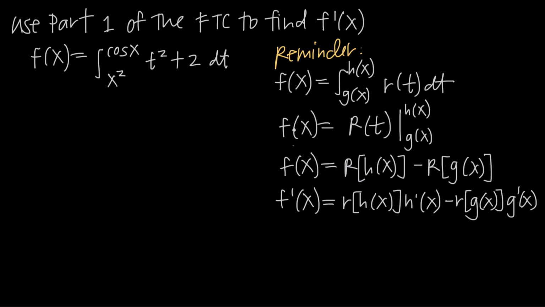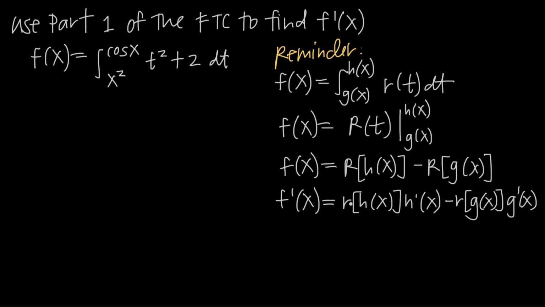And if we want to then find the derivative of f of x, which is f prime of x, we can take the derivative of this right-hand side one term at a time. So the derivative of capital R, remember the integral of little r was capital R, which means that the derivative of capital R is little r. So we end up with small r of h of x.